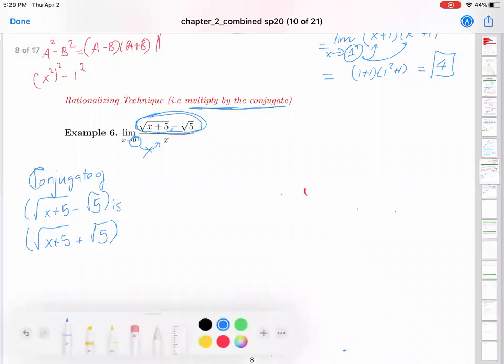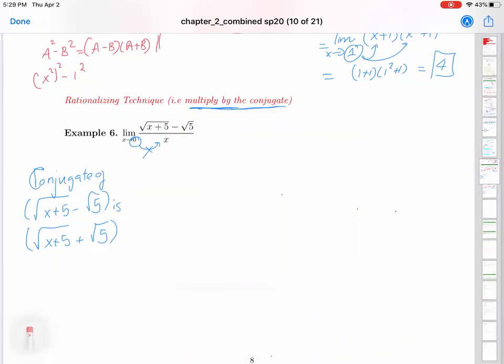All right, let's multiply them together. I multiply both the numerator and denominator by the numerator's conjugate term.